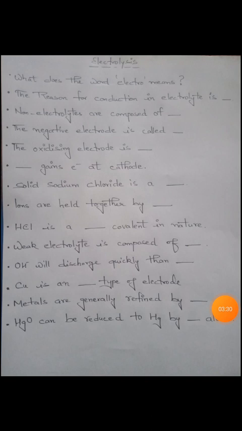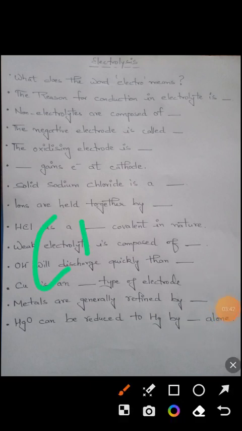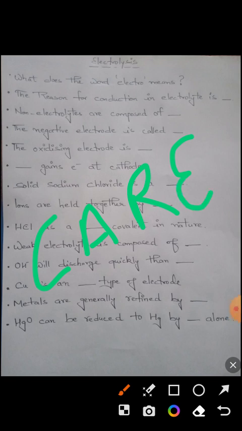Next question: the oxidizing electrode is a dash. For this, in the previous video I told you to remember the word CARE. This will give you the answer. Cathode is the reducing electrode, and the question is what is the oxidizing electrode.